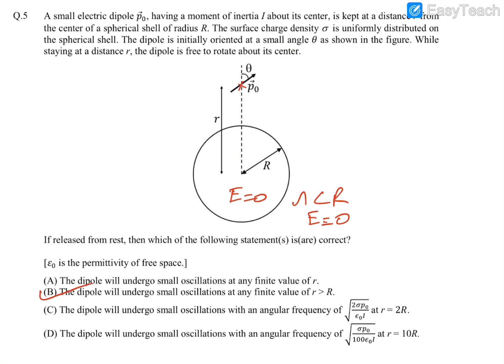Now we know the time period is 2 pi under root I by PE.